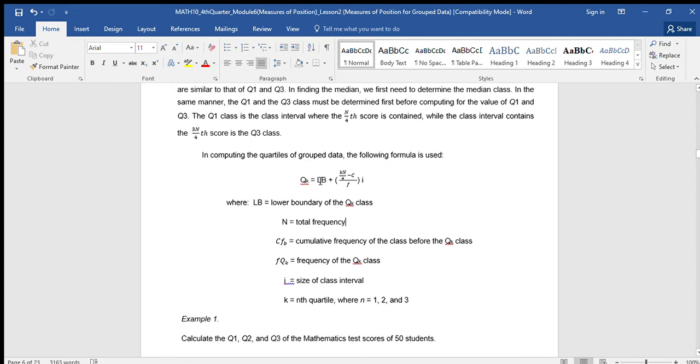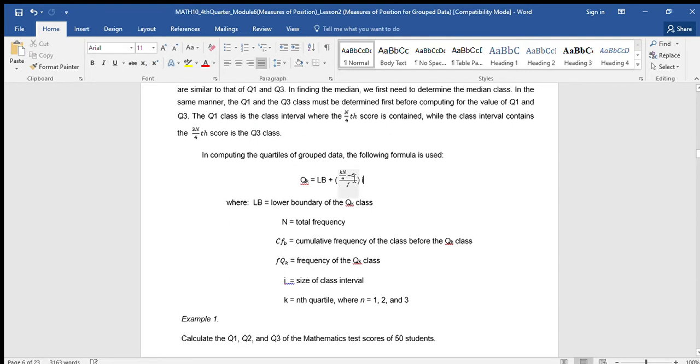So this is LB plus KN over 4 minus C over F times I. LB is the lower boundary. KN over 4: again, we use the same formula for quartiles, percentiles, or deciles. The only difference is the denominator: for quartiles, 4; for deciles, 10; for percentiles, 100.